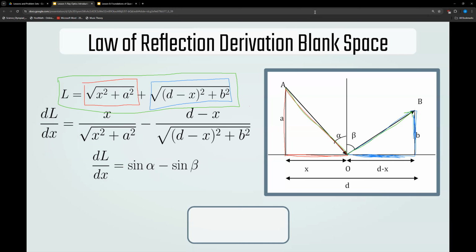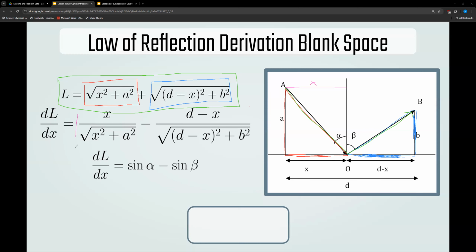So before doing that, we do a little bit of a cheat to get this in terms of alpha and beta. If you remember, sine is opposite over hypotenuse, right? SOHCAHTOA. So for alpha, the opposite is going to be this length right here, which is equal to x, okay? And the hypotenuse is going to be square root of x squared plus a squared, which is what we have right here.